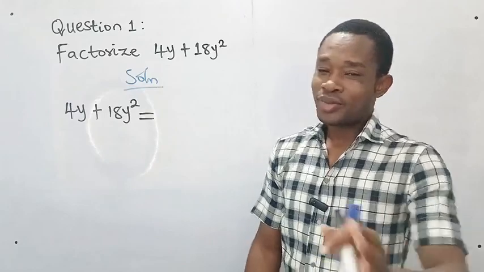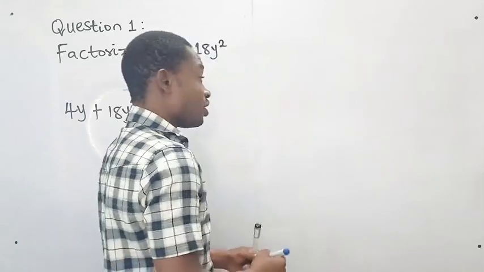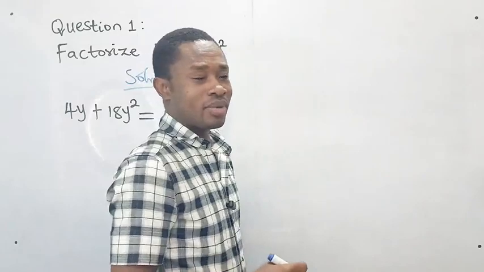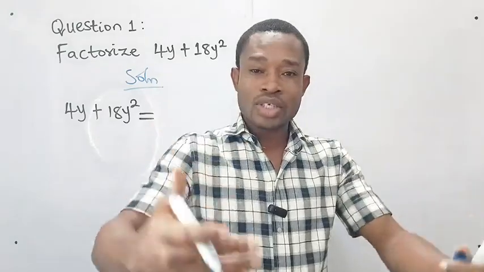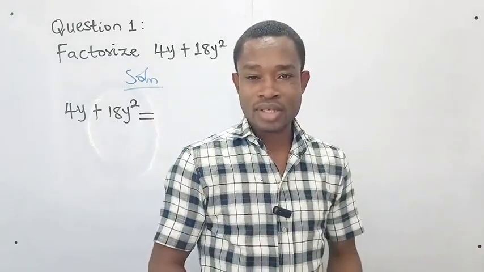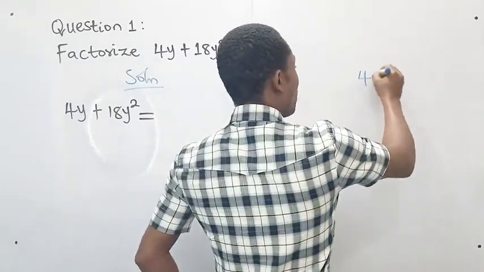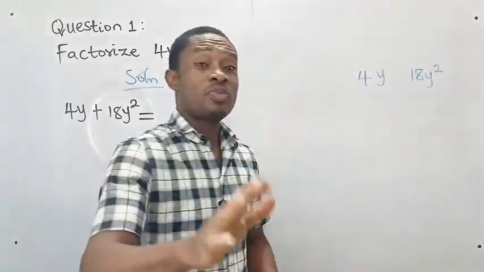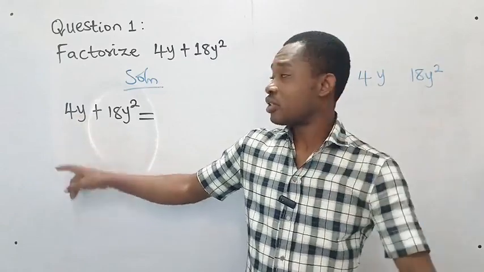But I don't want us to just start solving this straight on. Let me show you something. From the knowledge of highest common factor, going through the LCM method, because all of these concepts taught in mathematics depend on multiplication. We have 4y and we have 18y squared. From what I explained already, considering the numbers, 2 is the highest common factor.